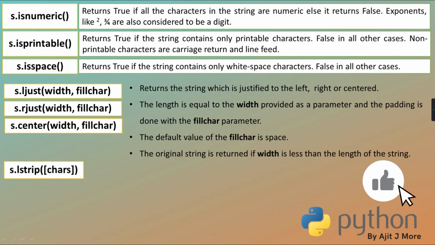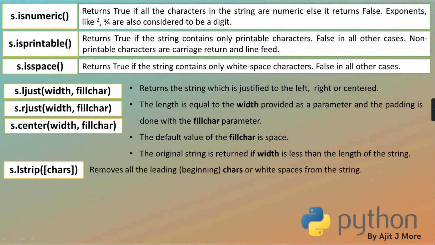Okay, see. lstrip, which characters to strip you can pass to it. It removes all the leading, meaning beginning, characters or white spaces from the string. When you don't give the characters, it will by default take white spaces.